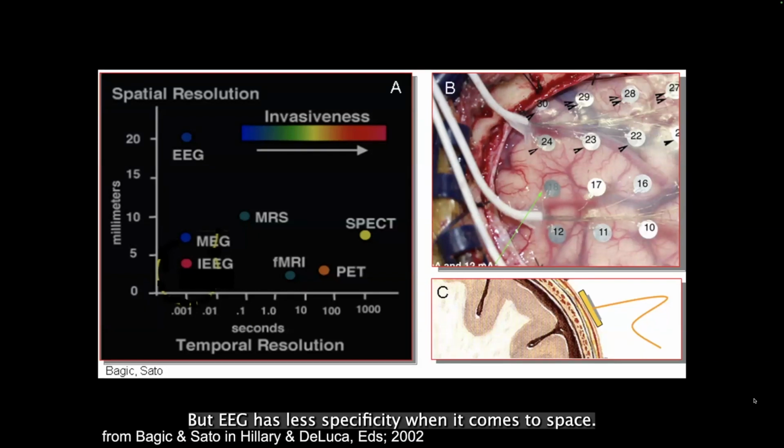But EEG has less specificity when it comes to space, on the order of 20 millimeters or 2 centimeters, which is a very large area in the brain. fMRI, which we'll also talk about, functional magnetic resonance imaging, has very good spatial resolution on the order of millimeters. Now, again, this is not very specific like you would have in animals, but for humans, that's pretty good, 2 millimeters or so, or maybe a millimeter. But the temporal resolution, you give up a little bit. It's on the order of probably around 2 seconds.